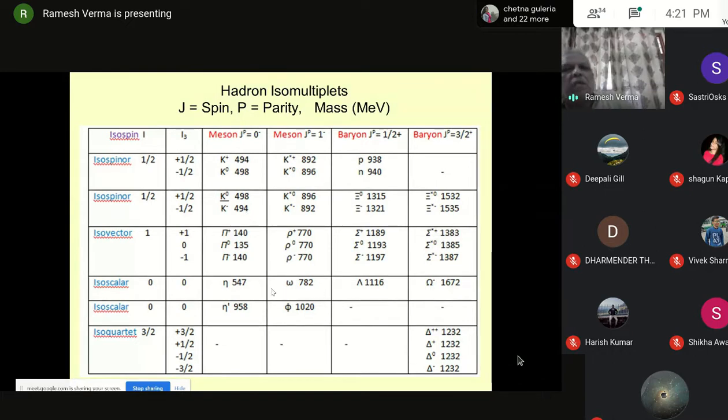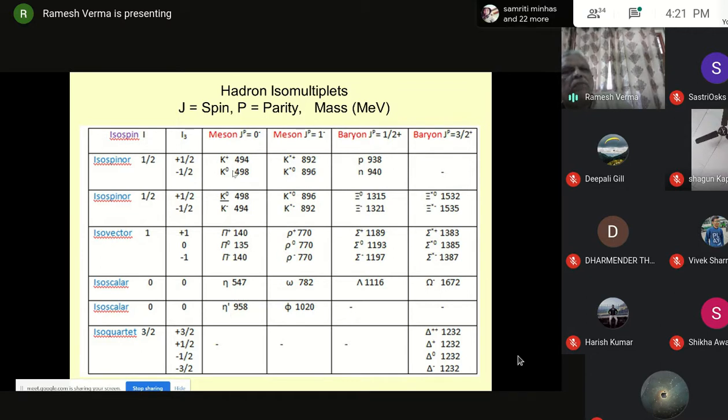So the hypercharge of K plus is +1 and of K minus is -1, because the baryon number for a meson is obviously 0. Then we have the isovector, and also the isoscalar, that is isospin 0, eta and eta prime states.